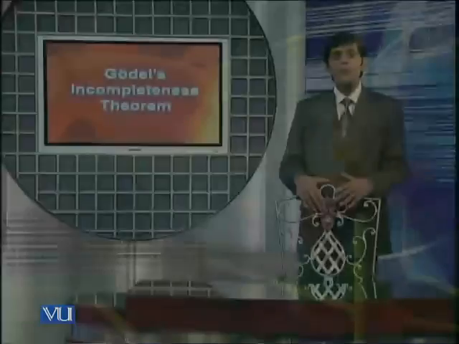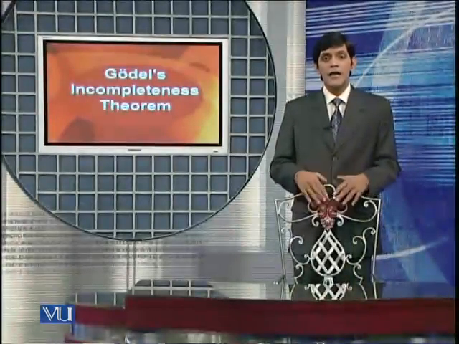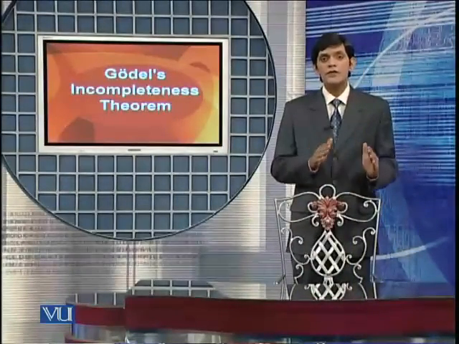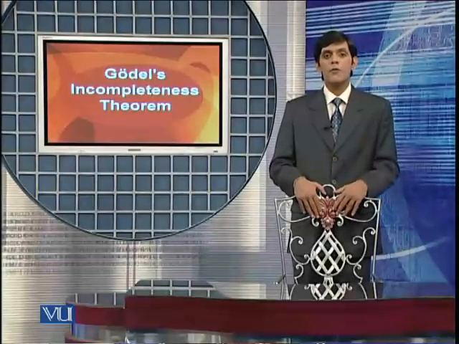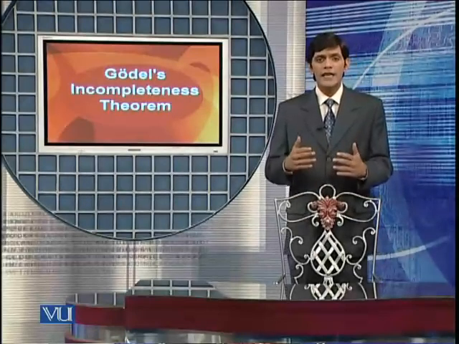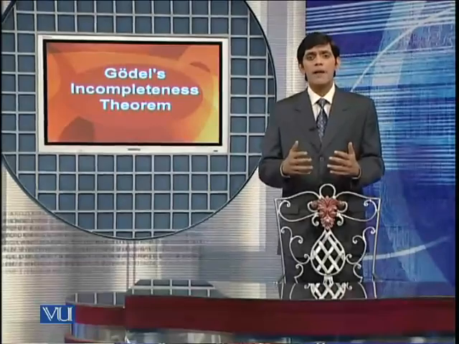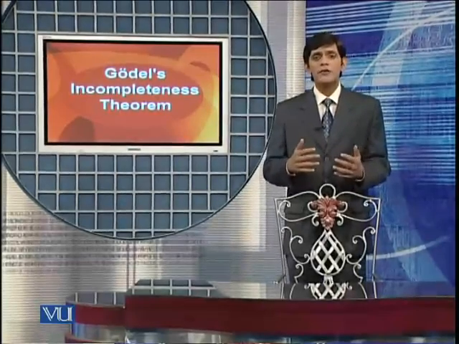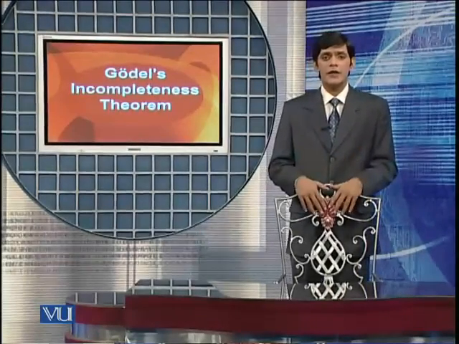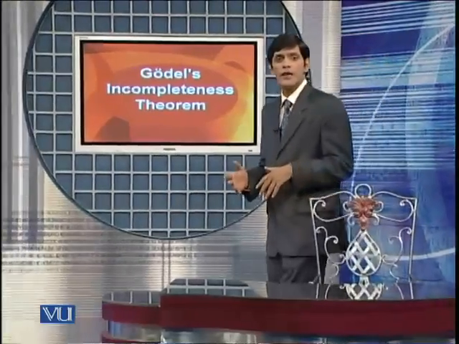Recall what we proved in the recursion theorem. Remember, the intuitive description of the recursion theorem was that we can have a program that gets its own description and then does some analysis on it. So the recursion theorem allows us to have a program that can get access to its own description.